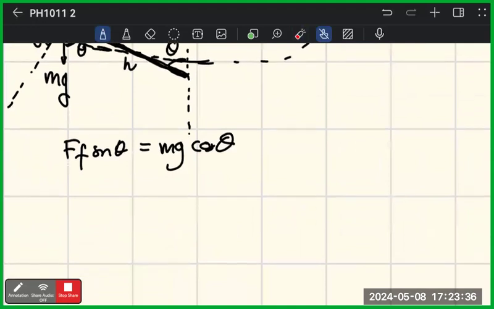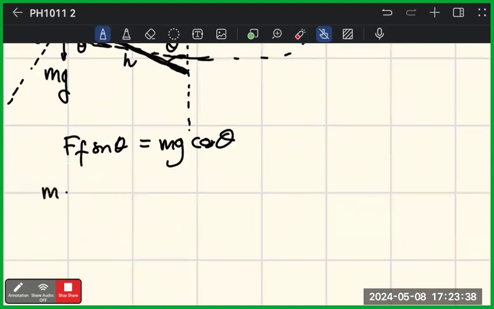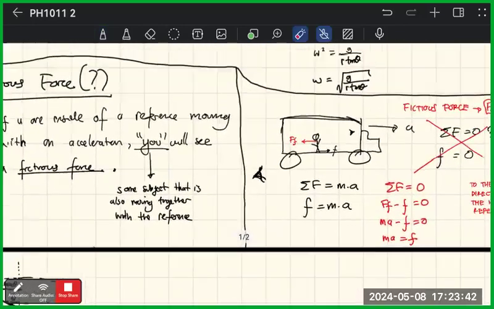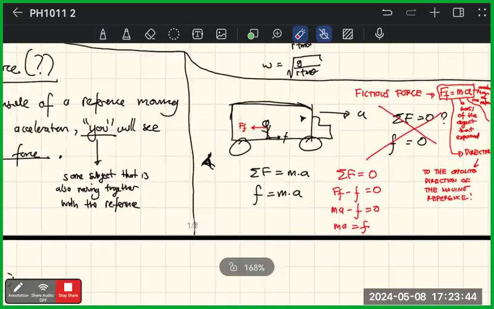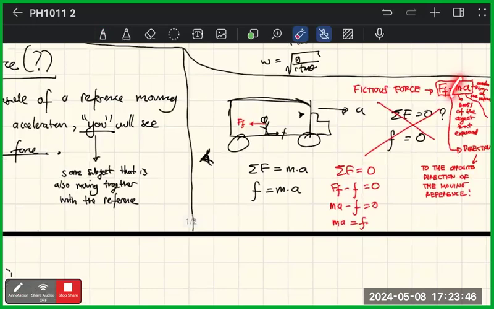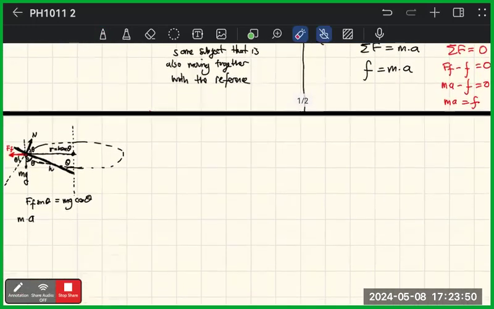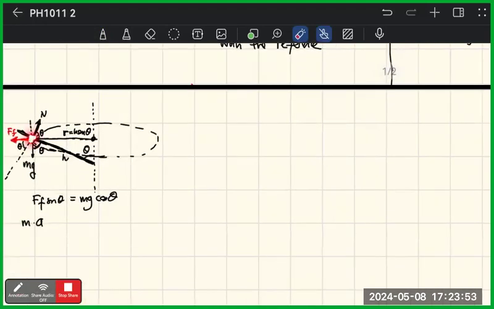And because the FF is obviously m times a, we get back to the fictitious force definition: its mass is the mass of the object that experiences the fictitious force, which here is the bead, so it has this mass m.